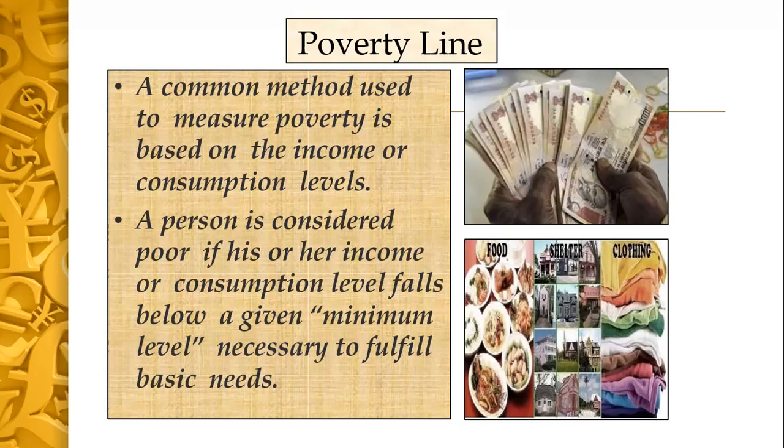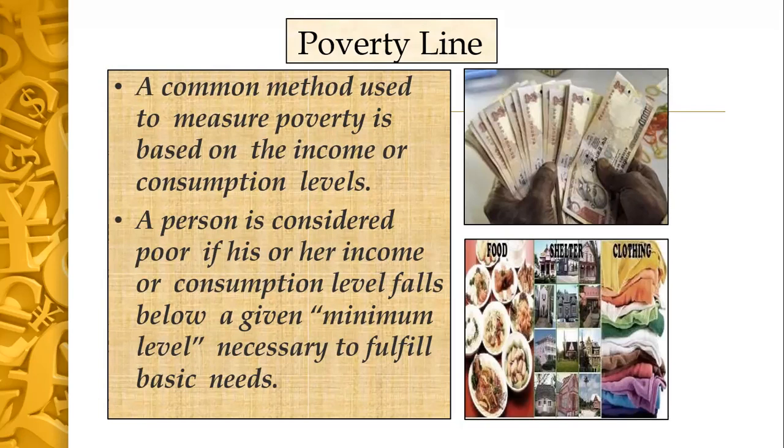If we have an idea of the minimum level of purchasing power required to keep a person at a minimum level of living, a little below which he would be considered as poor, this purchasing power is called the poverty line.